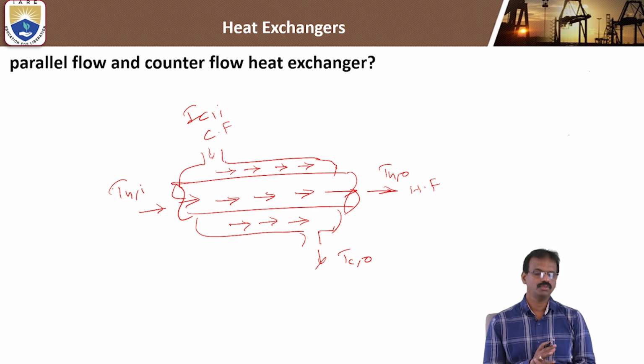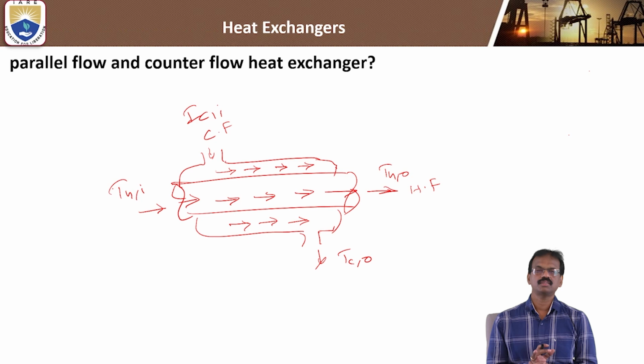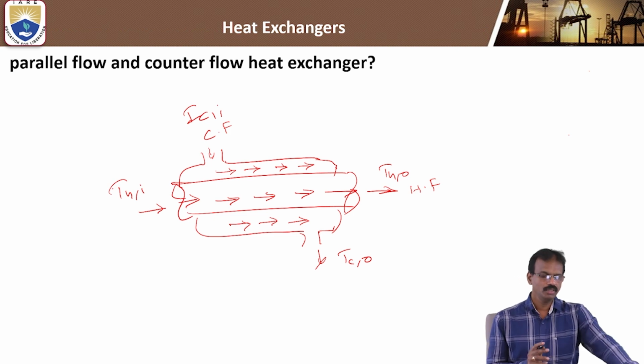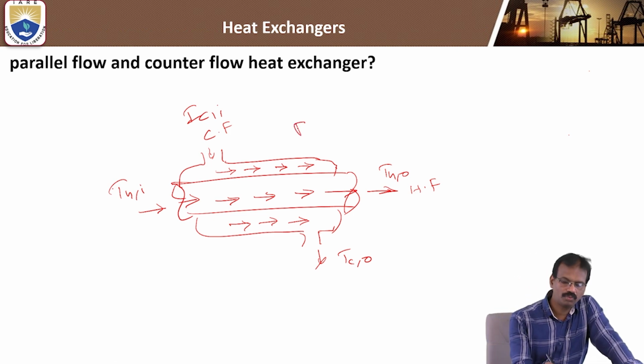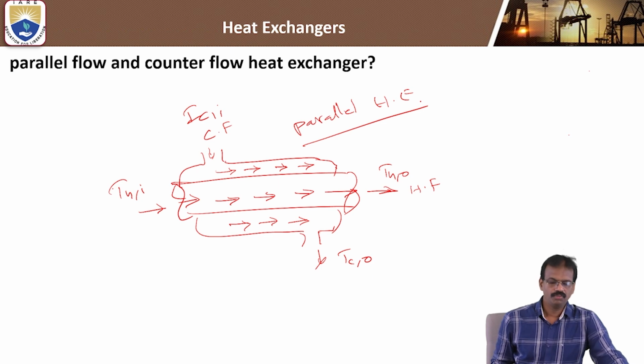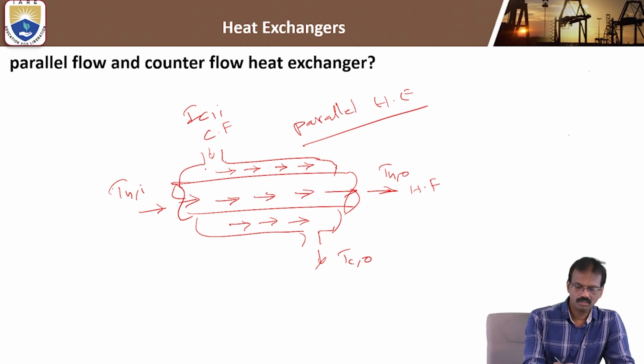Those types of heat exchangers are called parallel flow heat exchangers. Here, heat exchangers are classified based upon the flow directions. This is called the parallel flow heat exchanger.